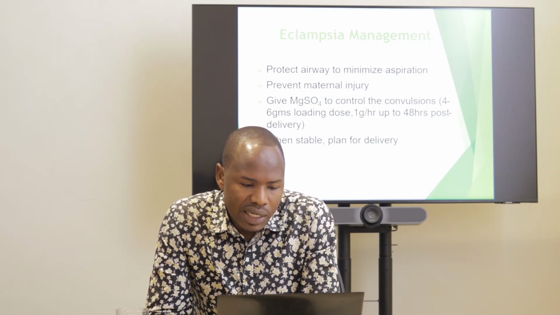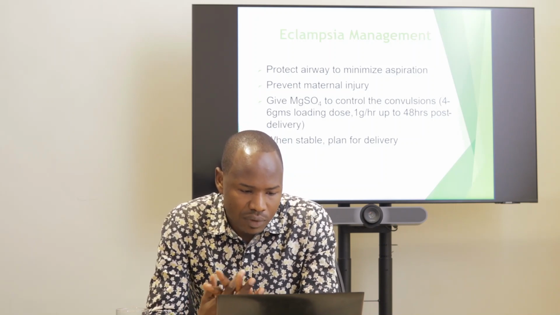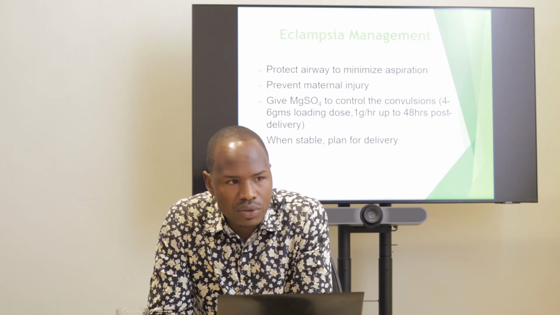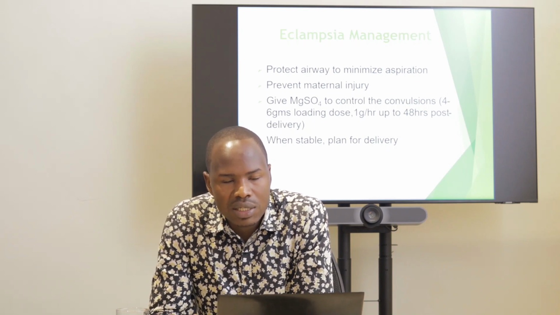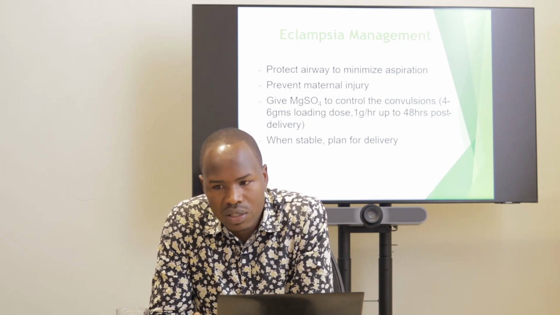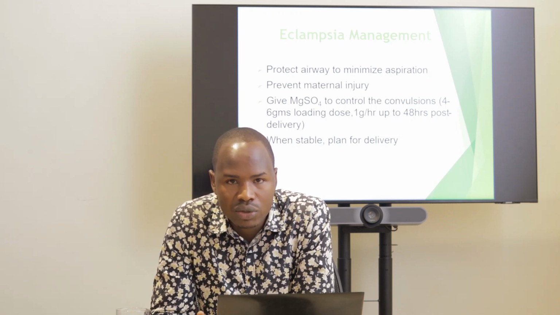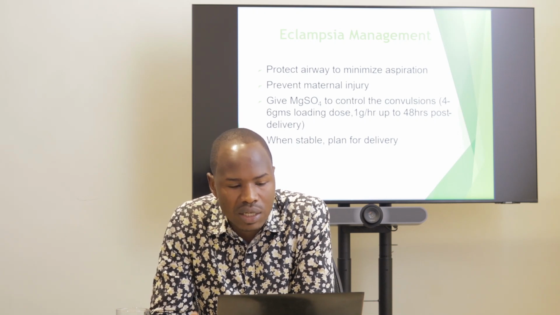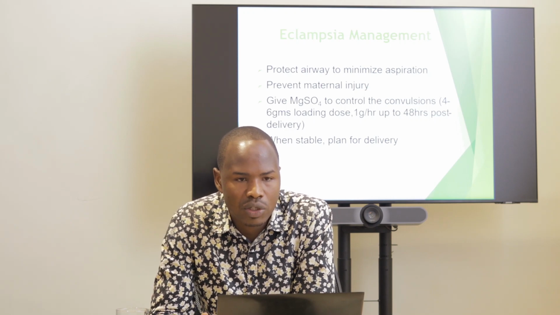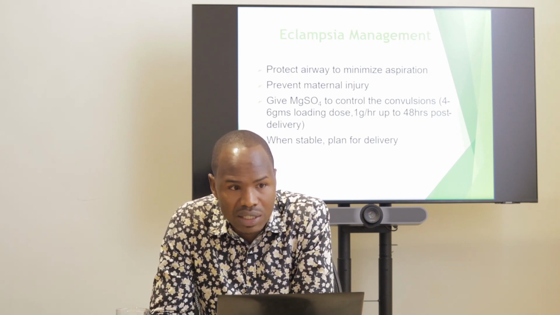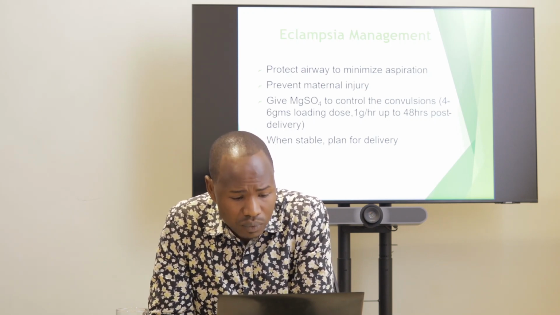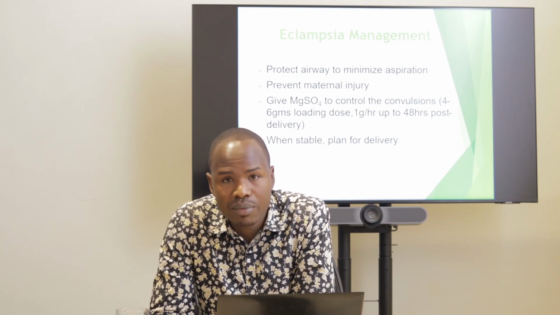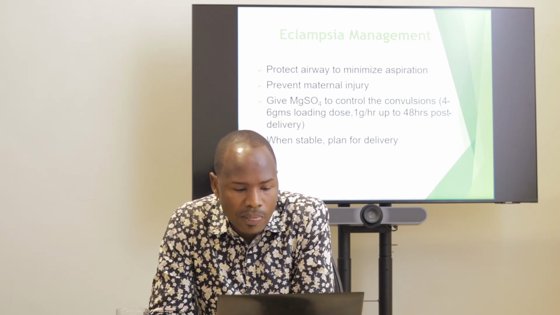Going to eclampsia management, first of all, we have seen that there is preeclampsia with severe features plus tonic-clonic seizures. That is when we say there is eclampsia. The management is just, you can follow the protocol ABCD, where we protect the airway to minimize aspiration.